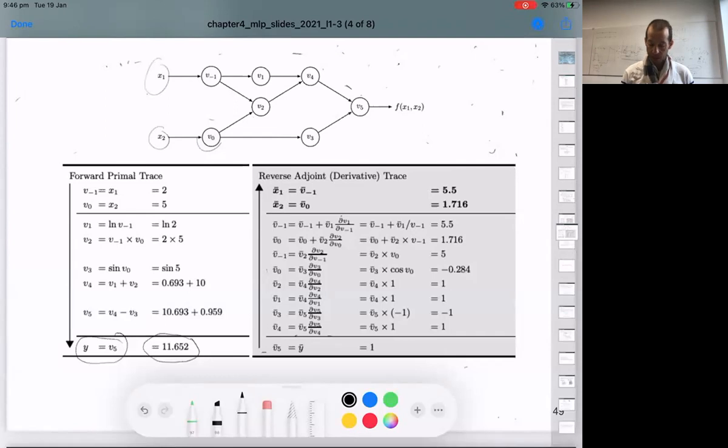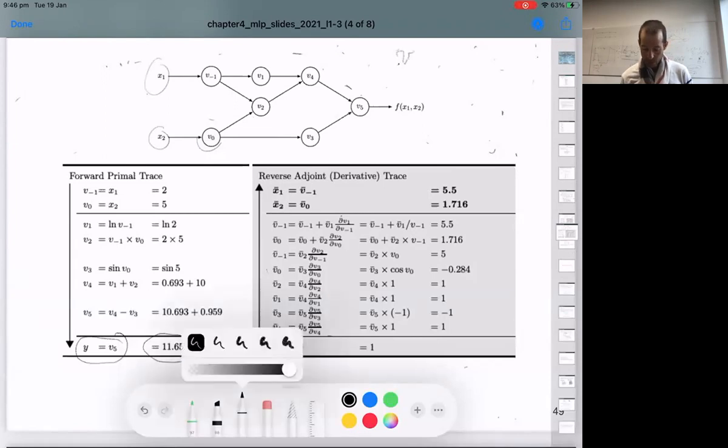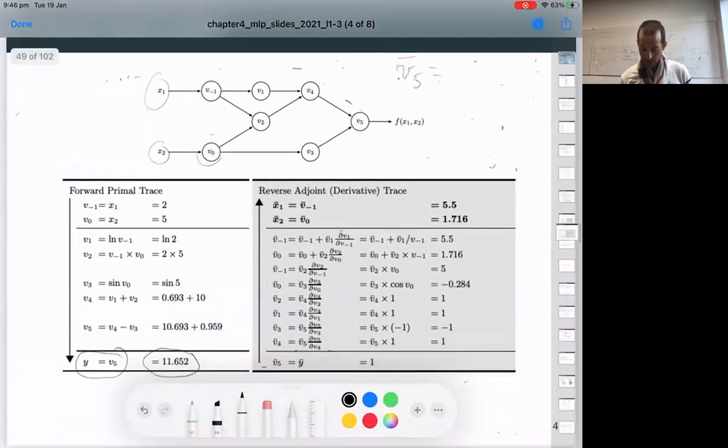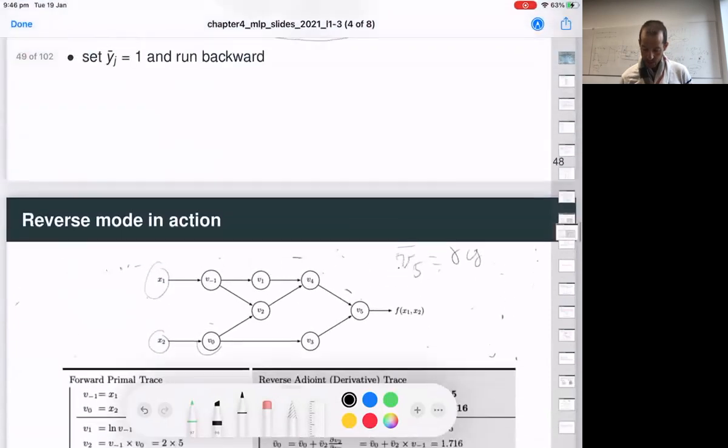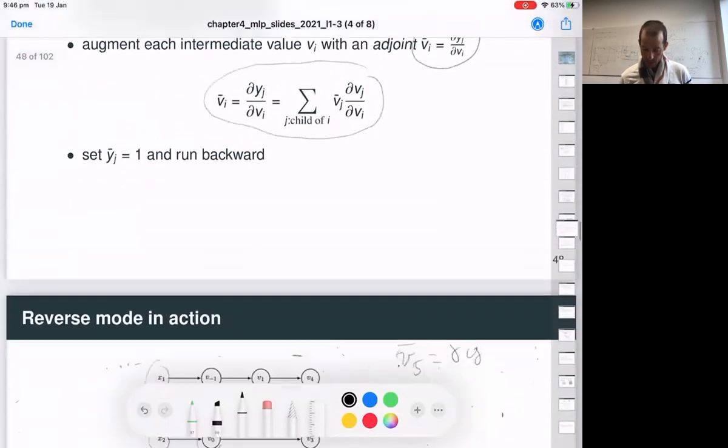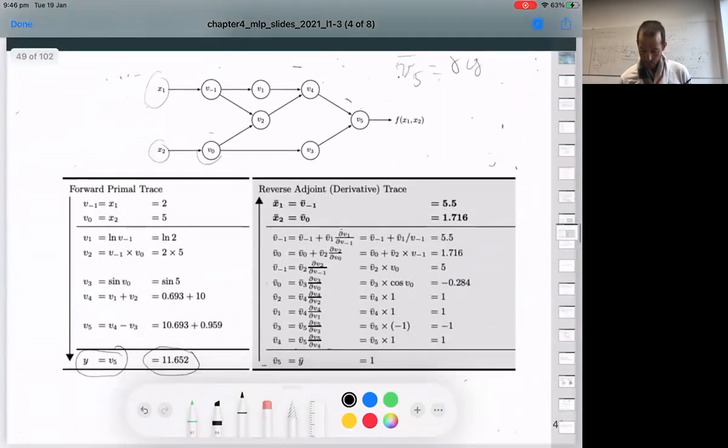Okay, so I start with the first thing. I will do all the equations. So this one, you get the v5 or not? v5 bar is the derivative of y with respect to v5, and that is equal to 1. Make sense?